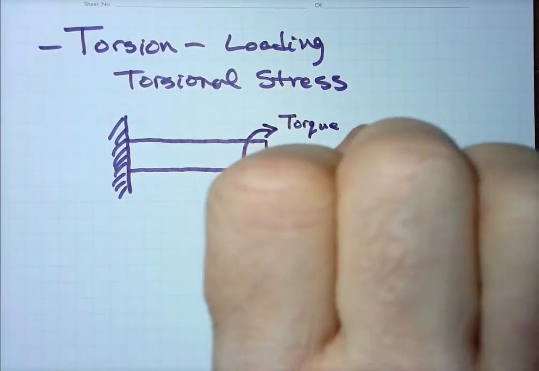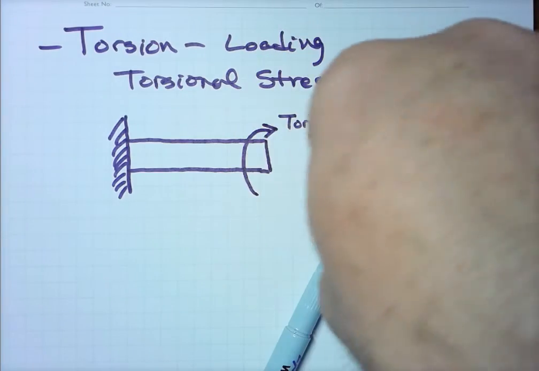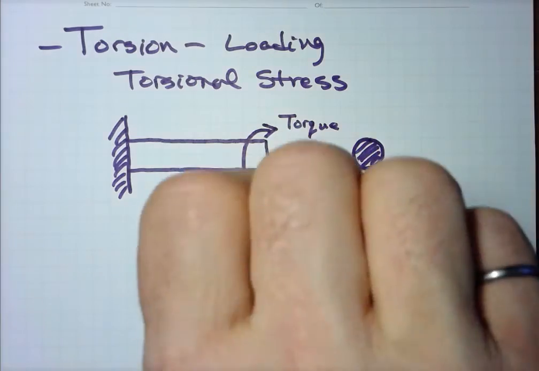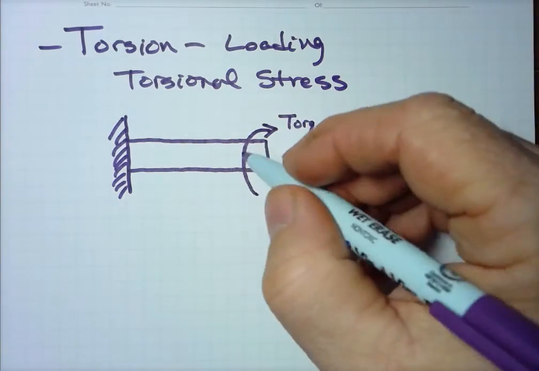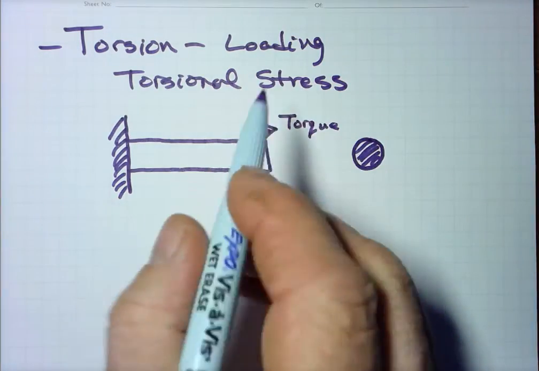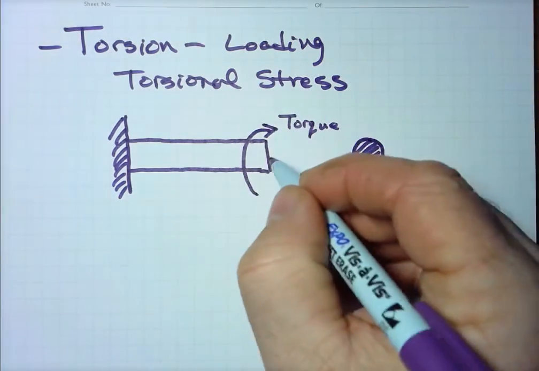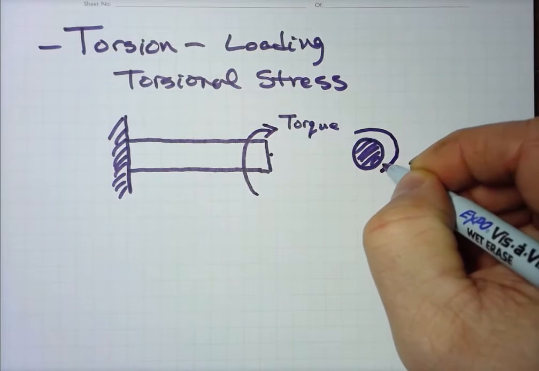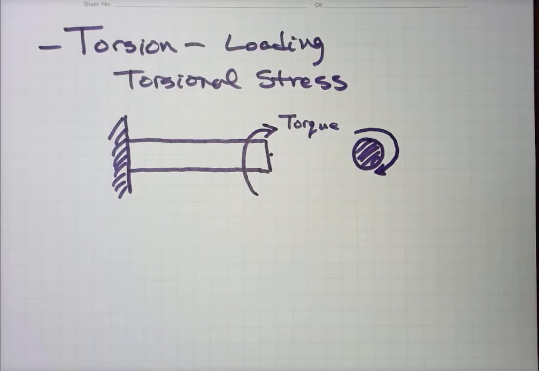So I've just basically grabbed onto the shaft and twisted it, and the shaft wants to rotate. In this case, I'm grabbing it right at the end and twisting it. So if we looked in at the end, we would see this rotation wanting to go like that.